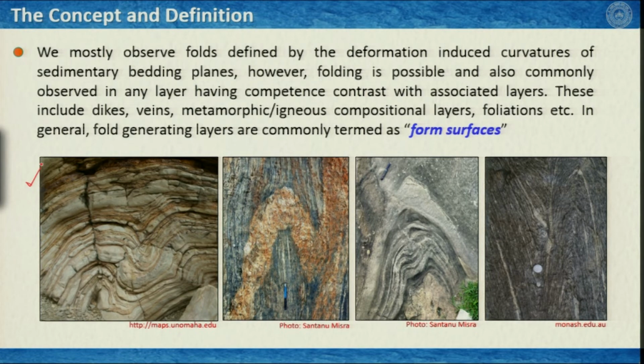The first one is a folded structure defined by sedimentary layers. Here you see a dike that got intruded at one point of time and then got folded. This one is a metamorphic layer, compositional banding in a migmatitic rock, alternate dark and white bands, and this also got some sort of deformation, and that is why it generated the curvature.